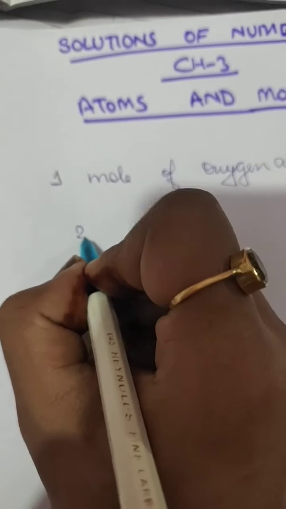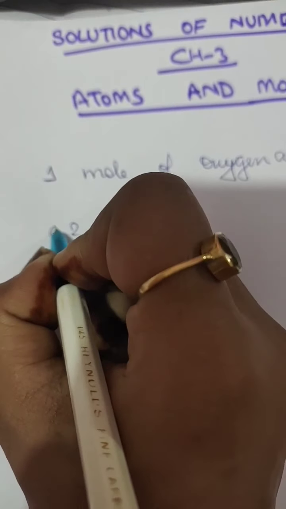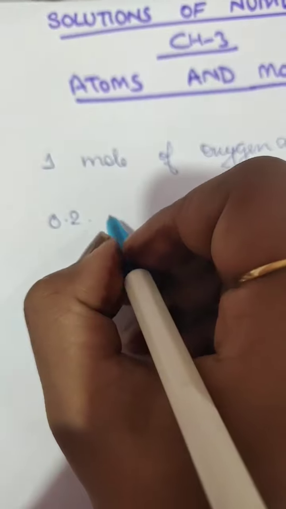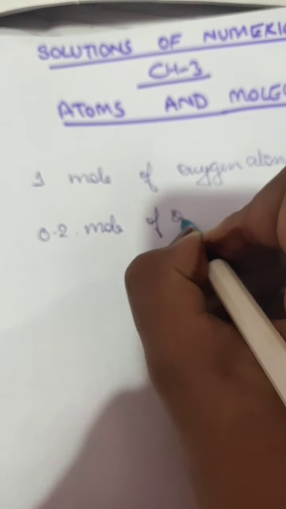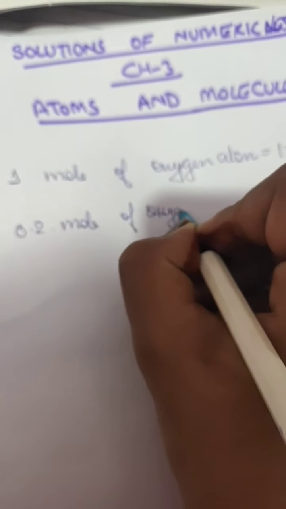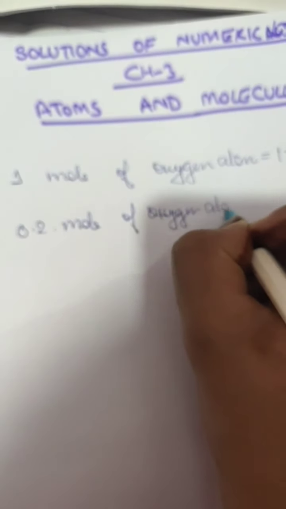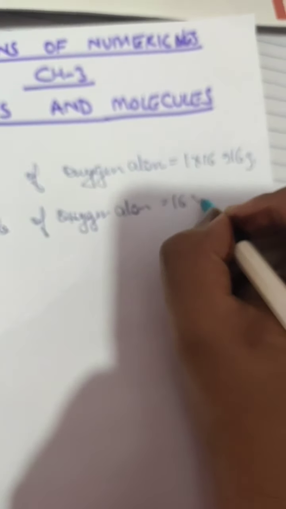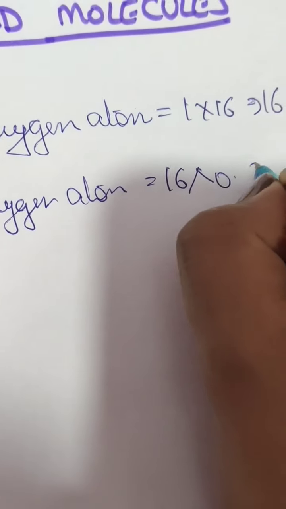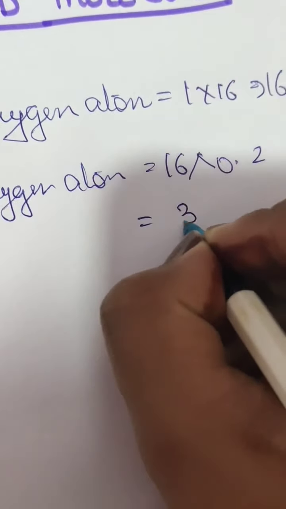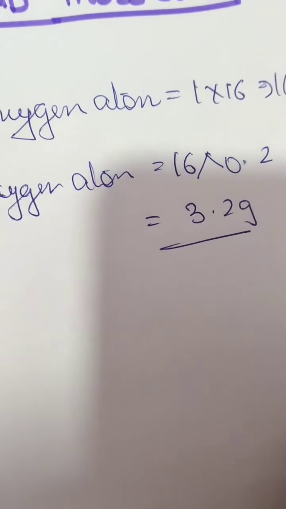Okay, so 0.2 mole of oxygen atom will be 16 into 0.2, which is 3.2 grams.